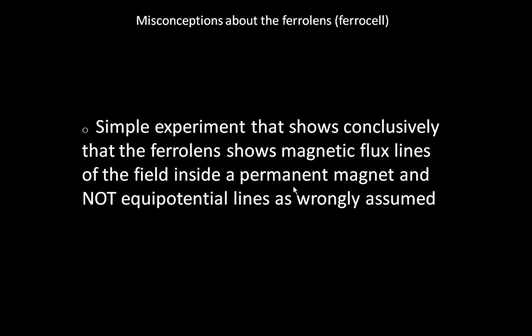And I understand your astonishment, because you see the field outside the magnet, the boundary of the magnet body, and everyone can logically think, nah, that's the outside field. But no, there are some experiments we can do, and I will do in the future, that also conclusively prove that what we see is the inside field of the magnet zoomed in and projected to the outside with the ferrolens.